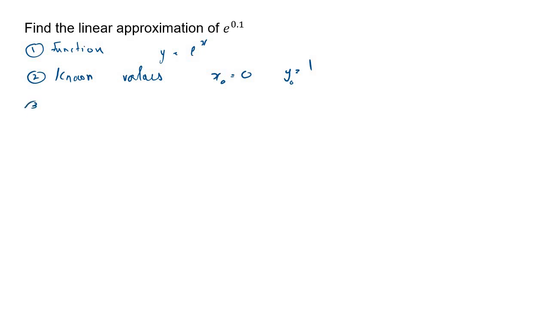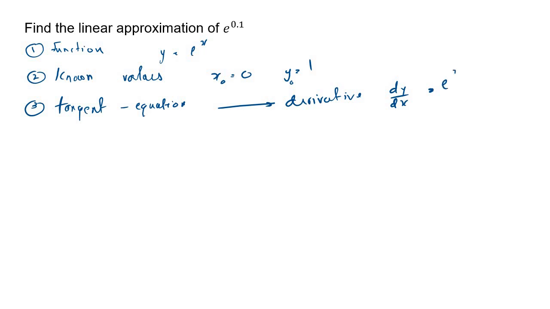Then third, we need to get the equation of the tangent, for which we get the derivative. dy over dx is equal to e to the power x, because the derivative of e to the power x is e to the power x.